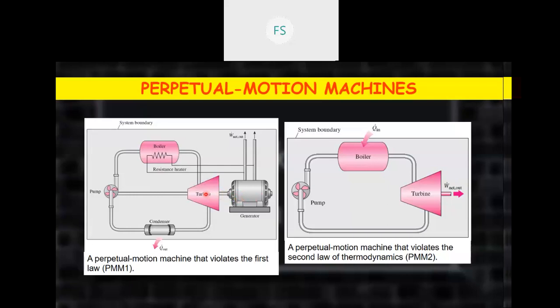We know the turbine is used to produce work and the generator is used to deliver the W net out and to give power to the resistance heater in order to boil the water here.